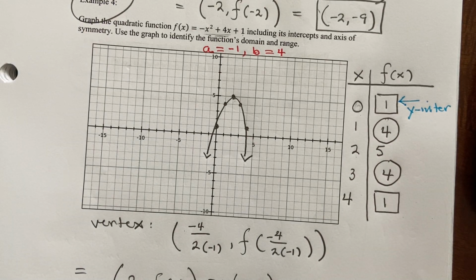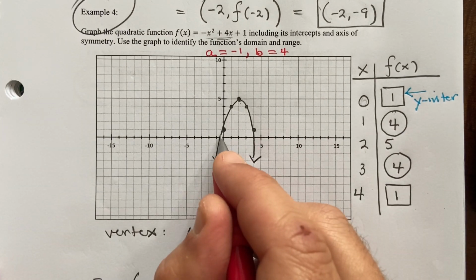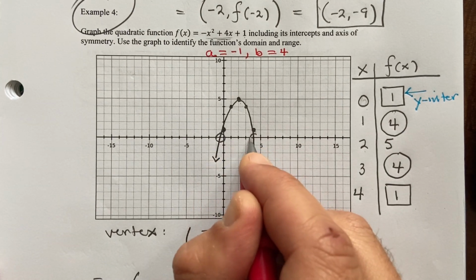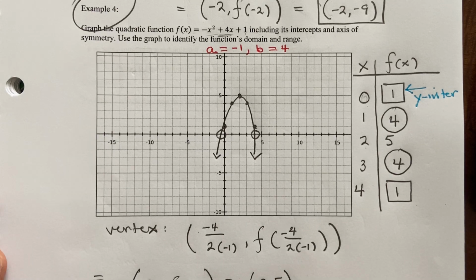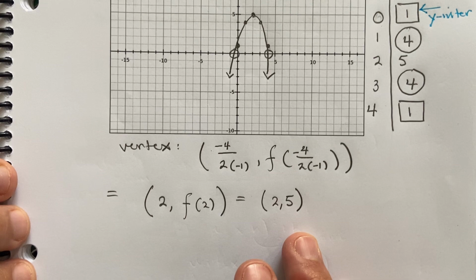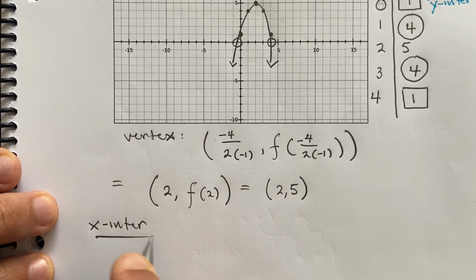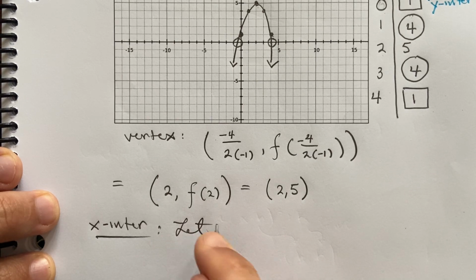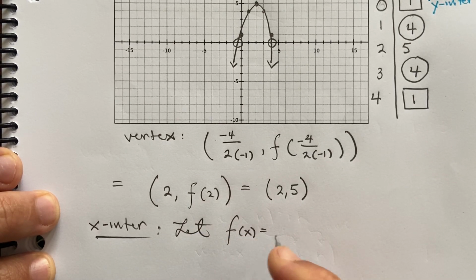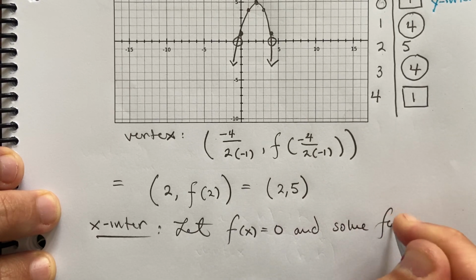So I still need to find x-intercepts. It looks like this particular one will have x-intercepts, right about here and here. So I still need to find those. How do we find x-intercepts? We let f of x equal 0 and solve for x.